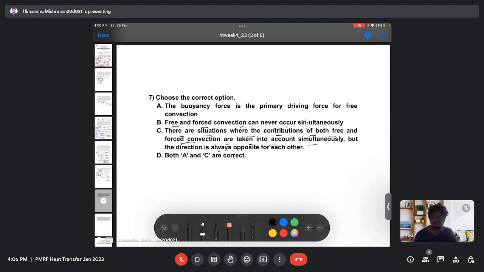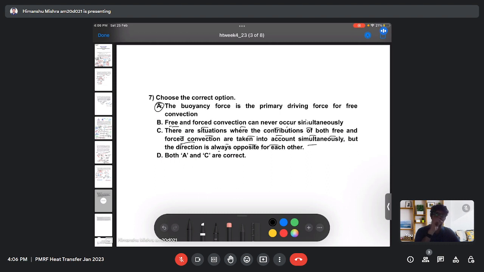Sir, if it is due to that density difference, the temperature difference, then it is correct. Yeah, so my option A is correct. And what about option B? Free and forced convection can never occur simultaneously. I can't tell, sir. Well, this might not be the case because forced convection can happen with the free convection.